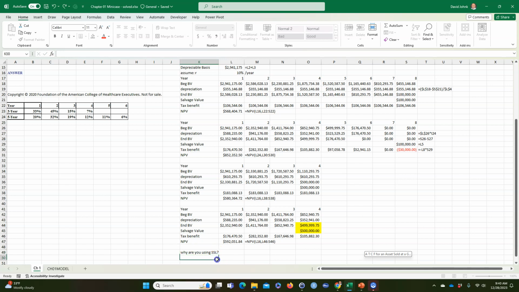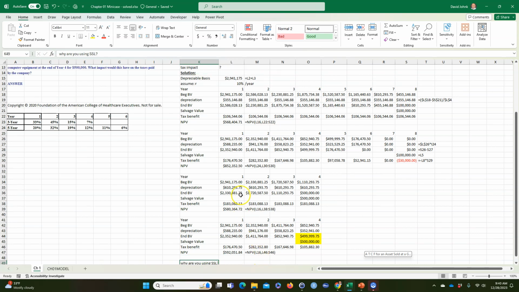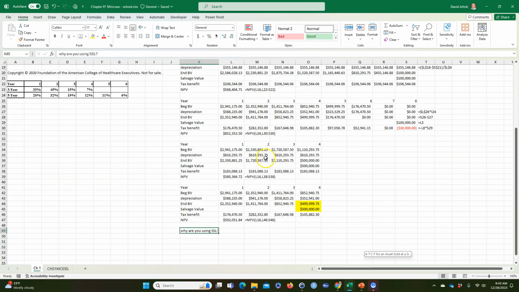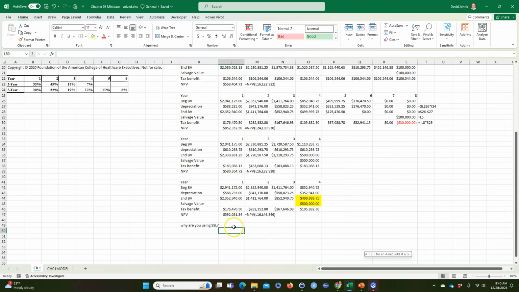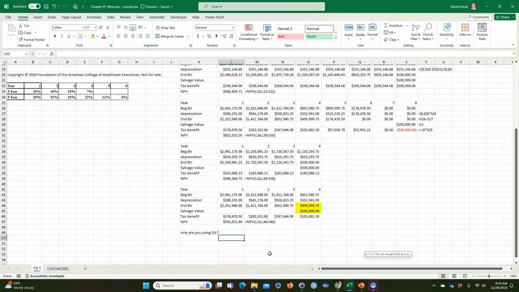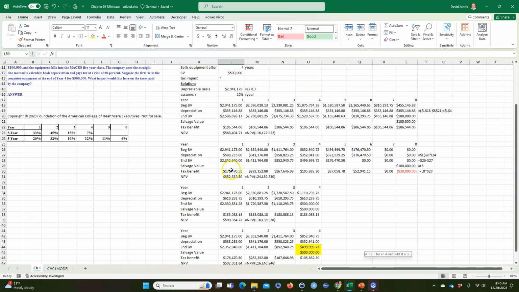That's something like if you worked at the company, you might question, hey, why are we using it, it falls into MACRS 5-year? Why don't we use MACRS? Because we can get a higher tax benefit using MACRS. Why is it better? Because we're getting those cash flows earlier on, right?